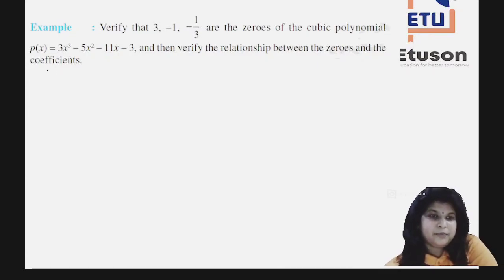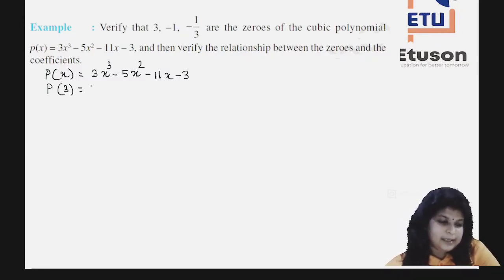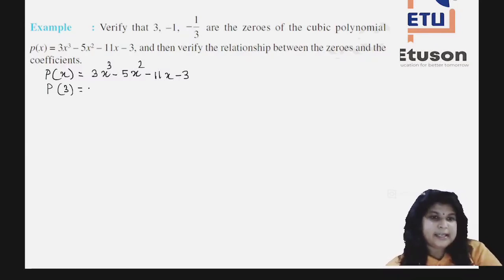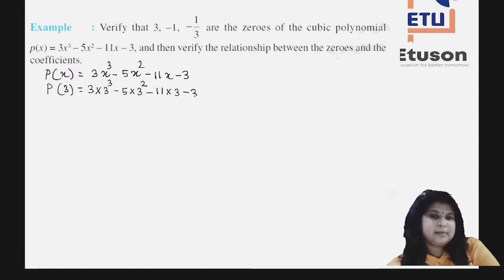For that, first let us write down the polynomial: p(x) is equal to 3x cube minus 5x square minus 11x minus 3. So what will be the value of p(3)? p(3) is equal to 3 into 3 cube minus 5 into 3 square minus 11 into 3 minus 3.